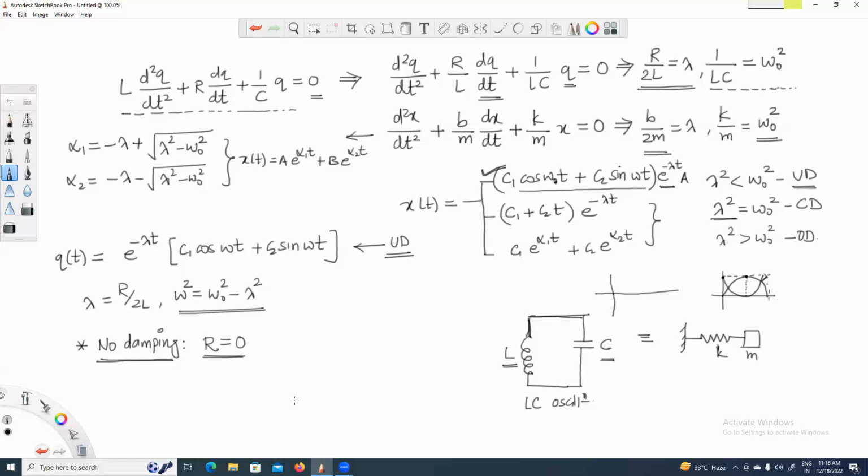So if I put R over here, if my R is zero, this lambda becomes zero. If lambda becomes zero, this decaying term will vanish. And what I end up with here is Q of t, with omega. Look at the omega expression.